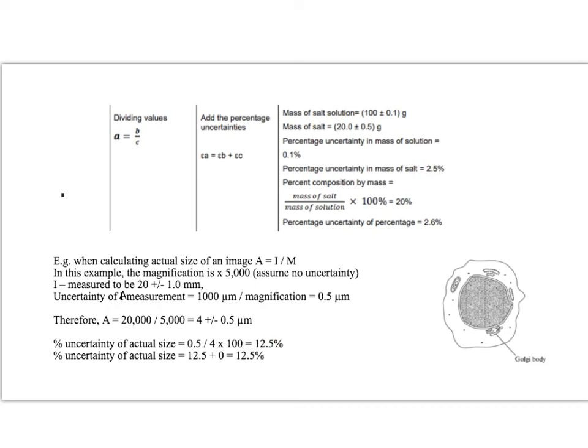Now put that into this equation. You add your two percentage uncertainties for each measurement together. So it's 12.5% plus 0, because we assumed there was no uncertainty for magnification. That gives us a total percentage uncertainty for the actual size of 12.5%.